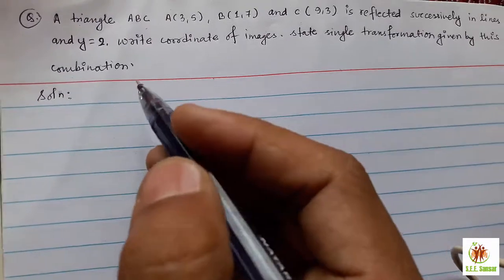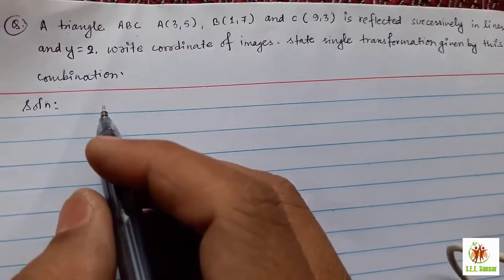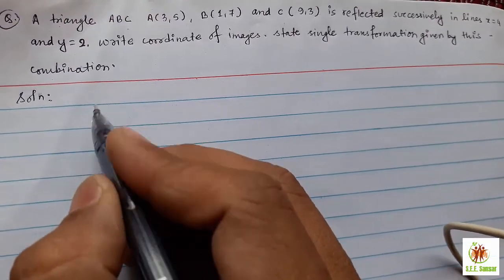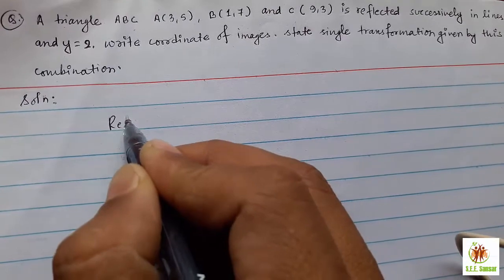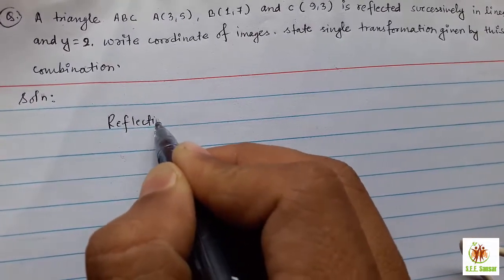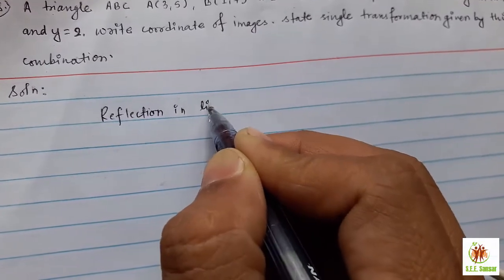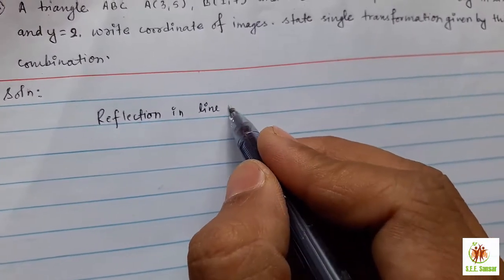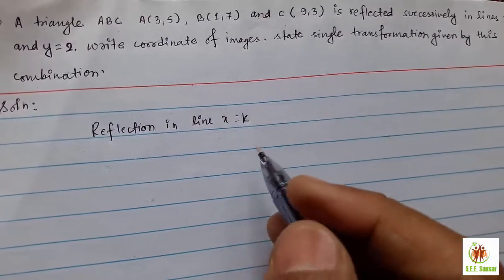So, reflection in x equals 4. This works as reflection in the line x equals k.